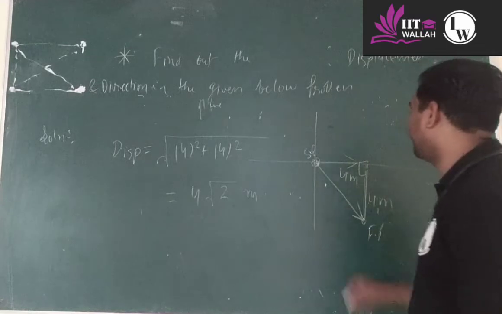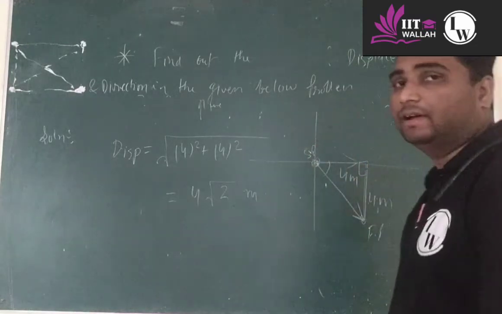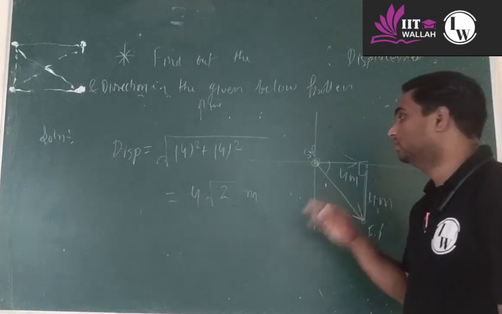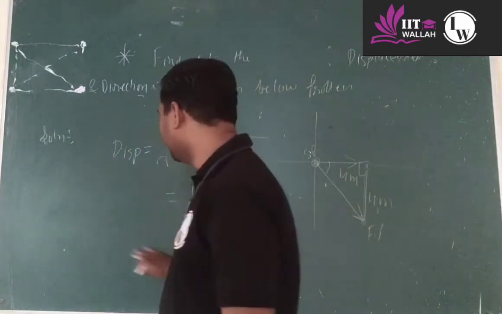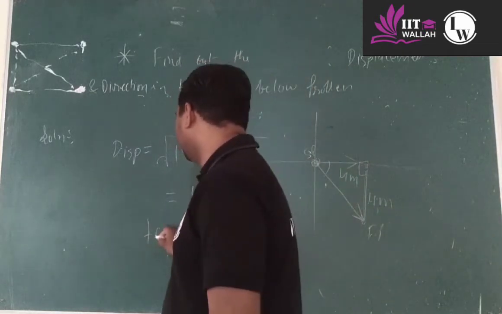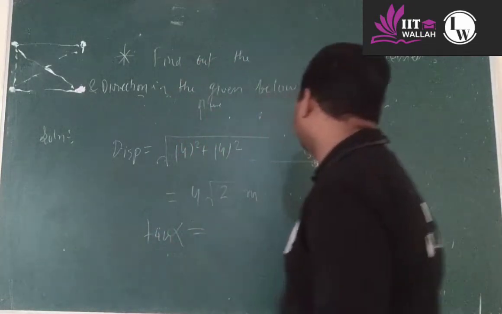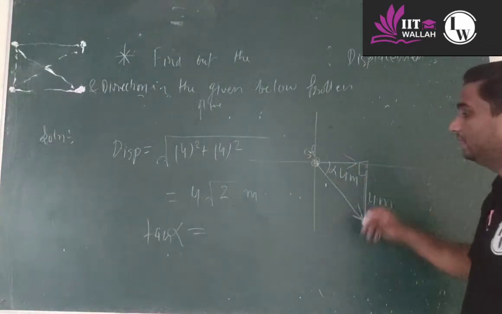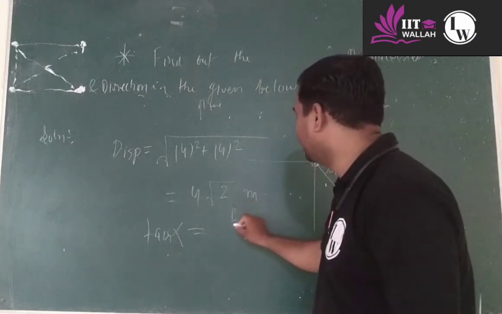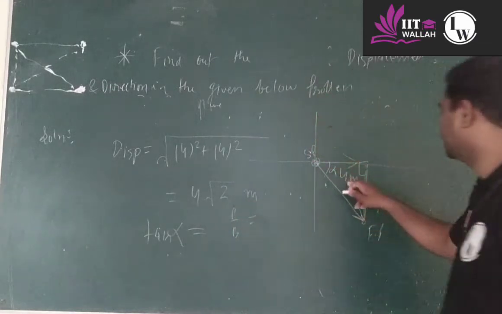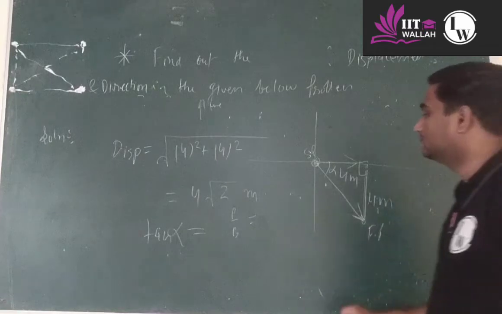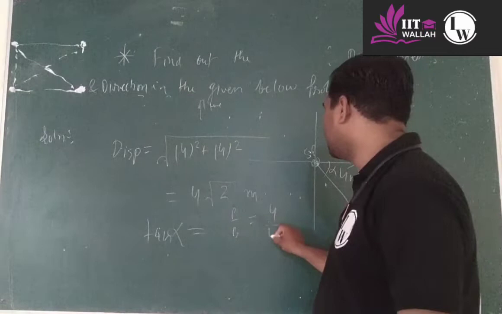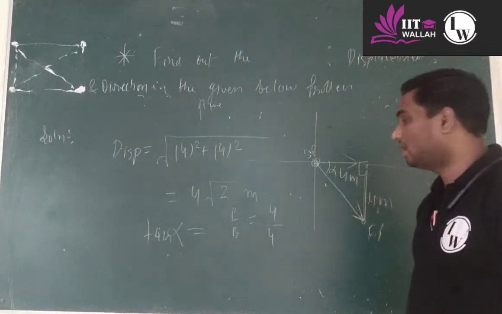Now you have to find the angle, in which direction the person moves. So here write down tan alpha. This is alpha, and tan alpha is equal to perpendicular upon base. P is in front of the angle, and this is 4, and base is also 4.